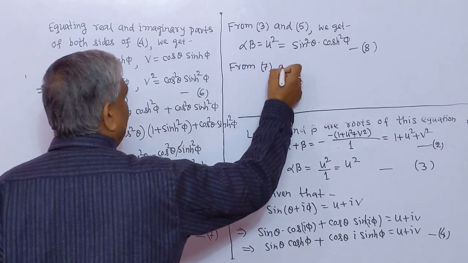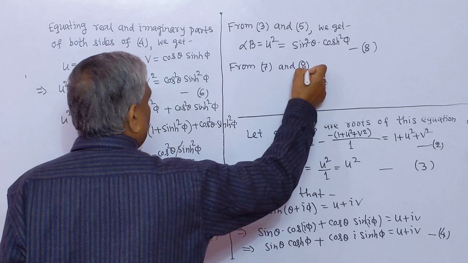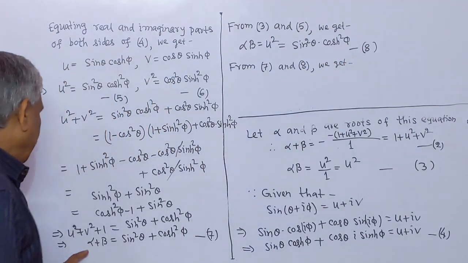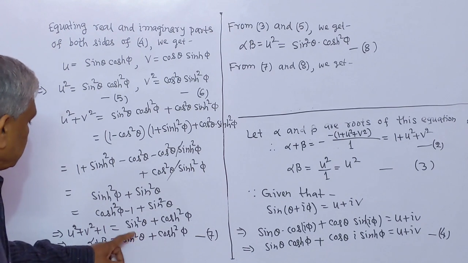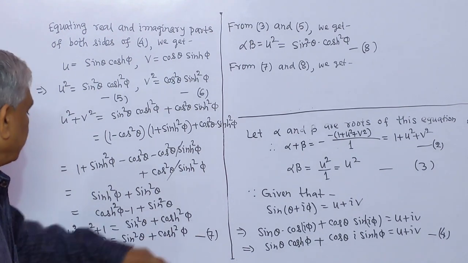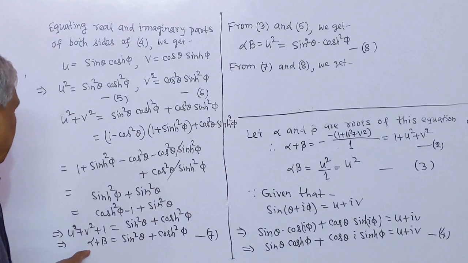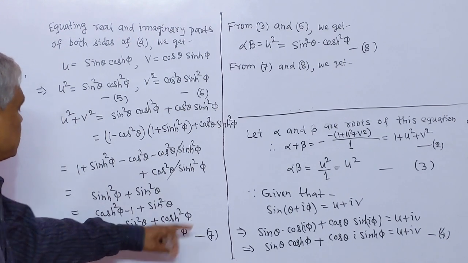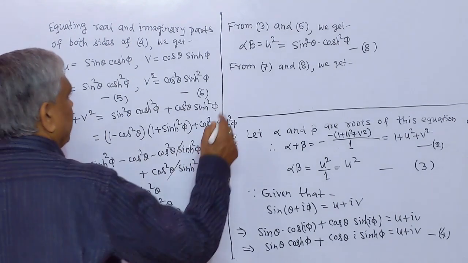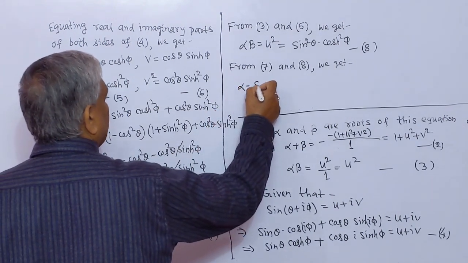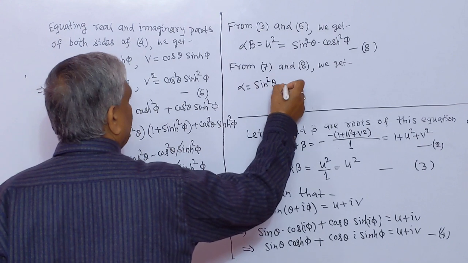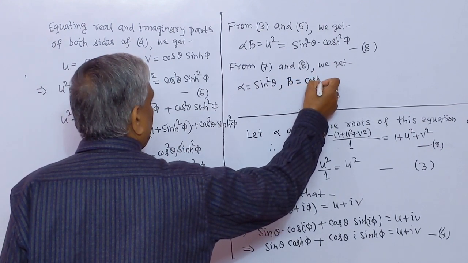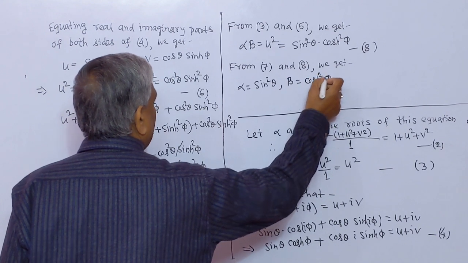From 7 and 8 we get, in 7 alpha plus beta is sine square theta plus cosh square phi, and in 8 alpha multiply beta equal to sine square theta multiply cosh square phi. We get alpha equal to sine square theta, beta equal to cosh square phi.